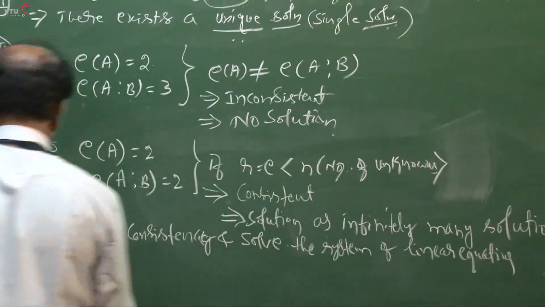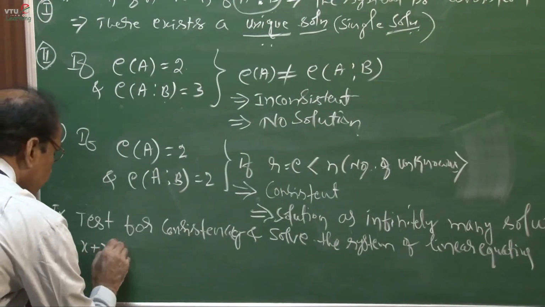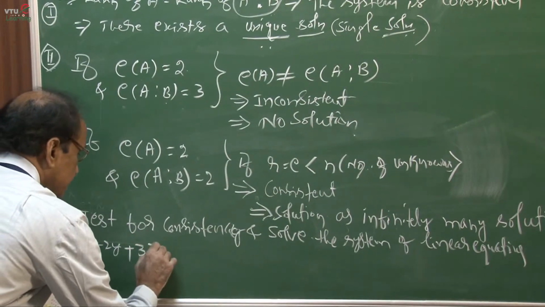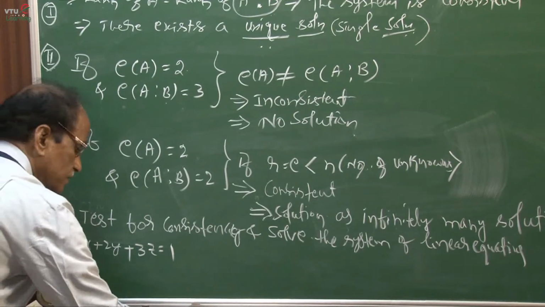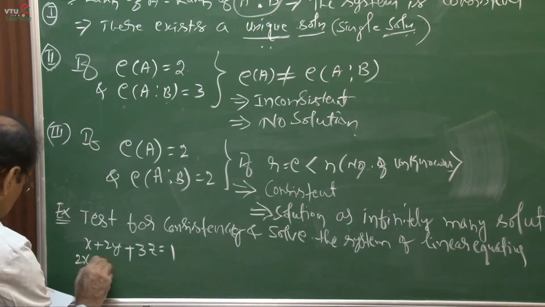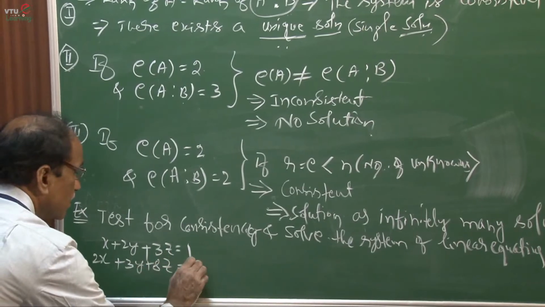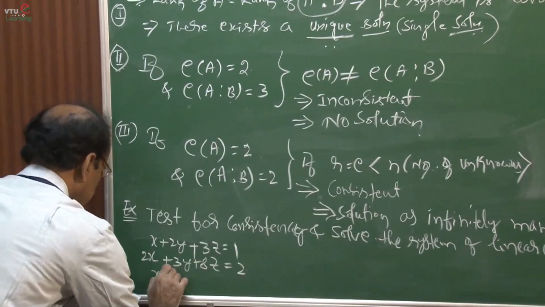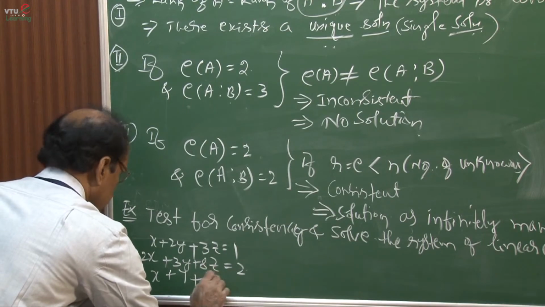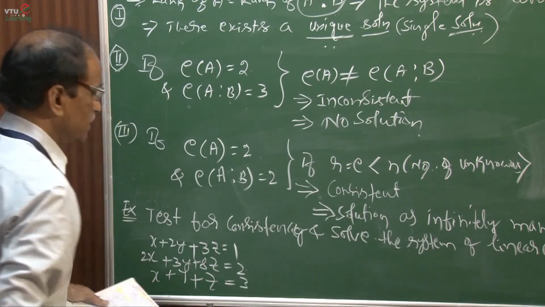That is the first equation, x plus 2y plus 3z equal to 1, 2x plus 3y plus 8z equal to 2, x plus y plus z equal to 3.